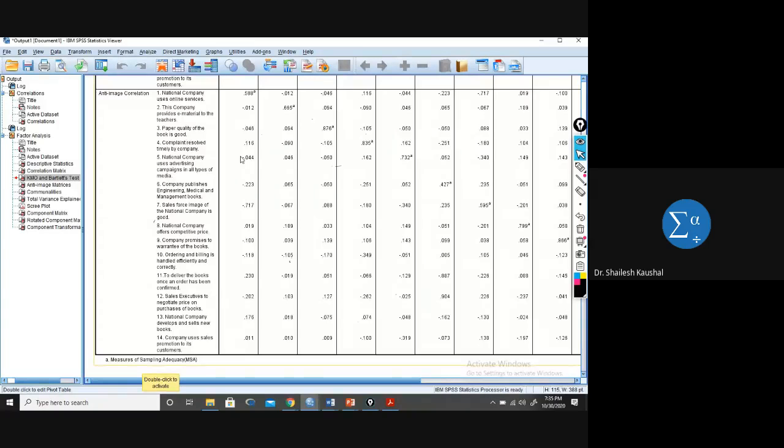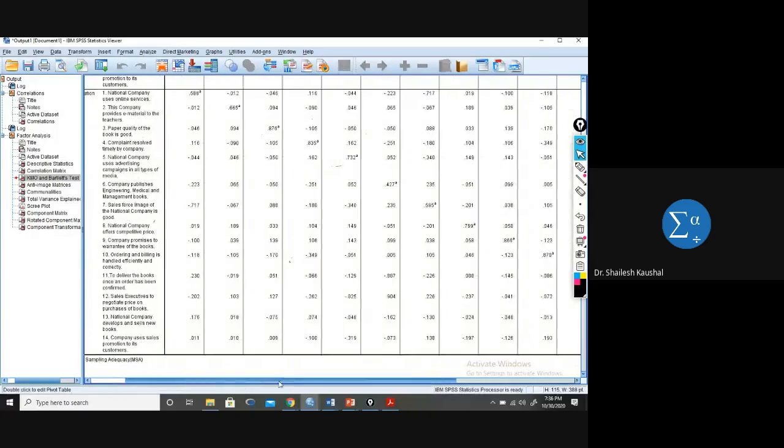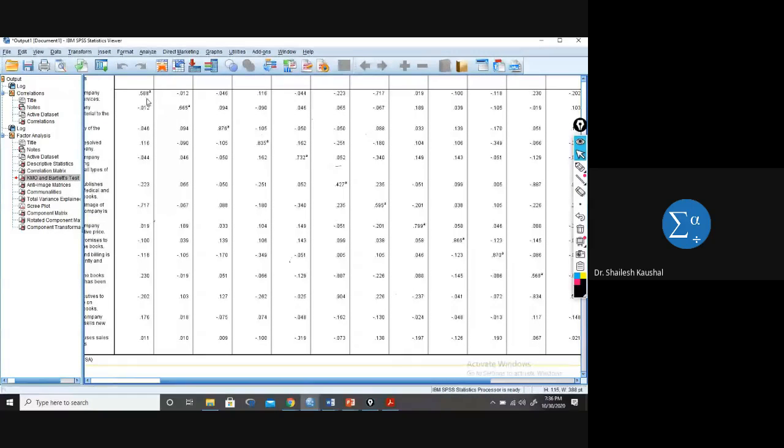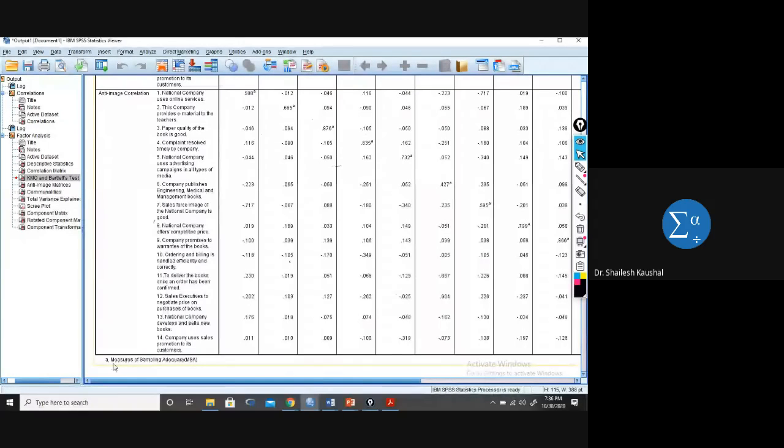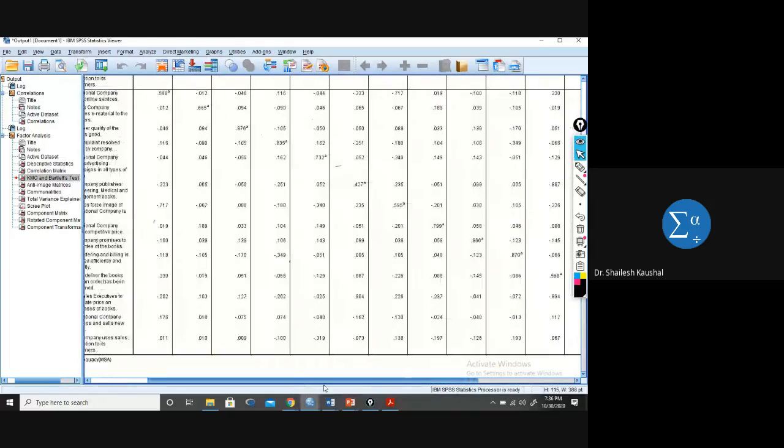So on this principal diagonal, we can see 0.588a. The a means measures of sampling adequacy. This is the value of sampling adequacy, and it should be above 0.5.